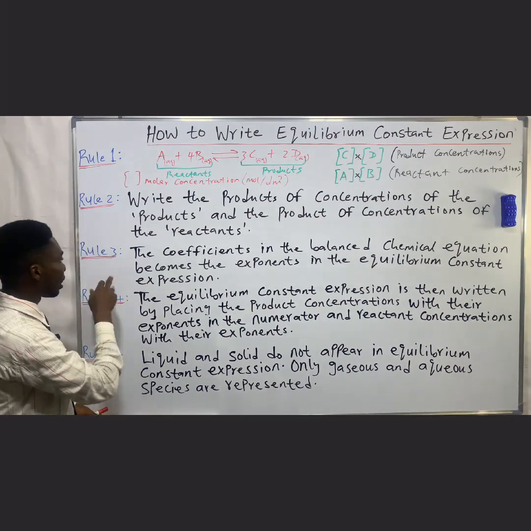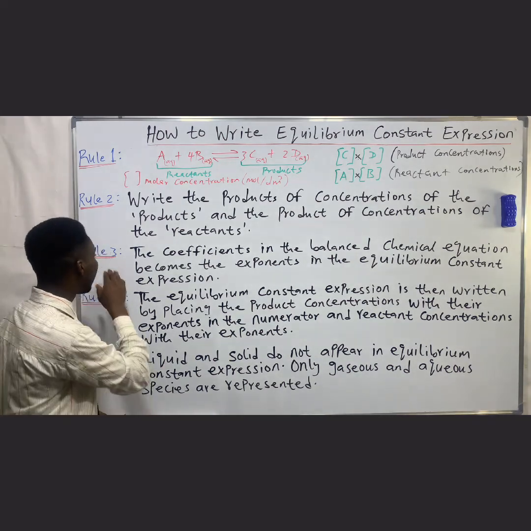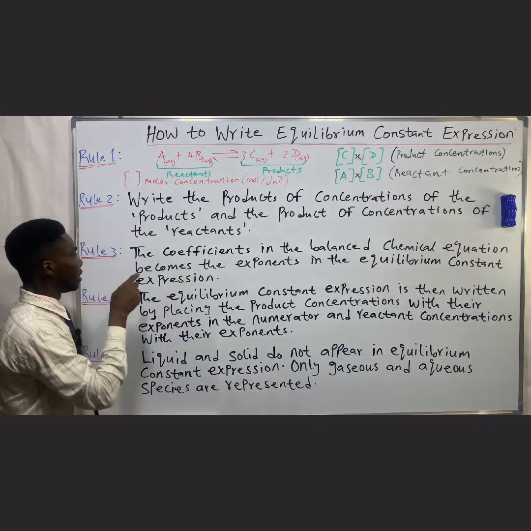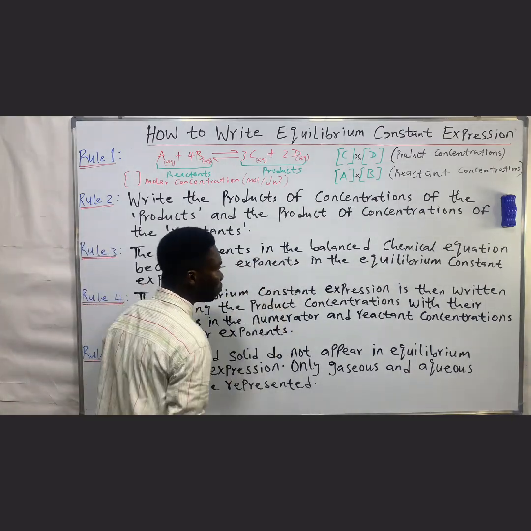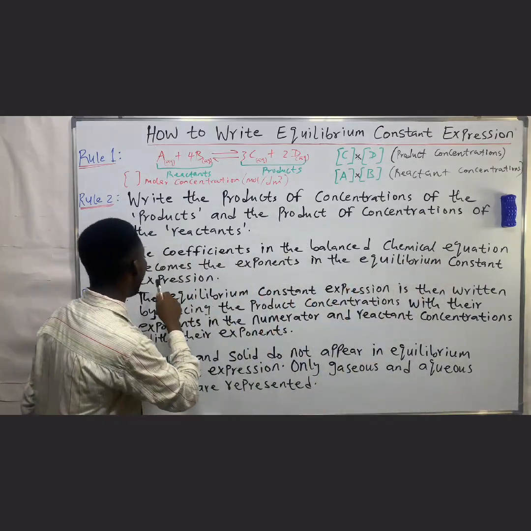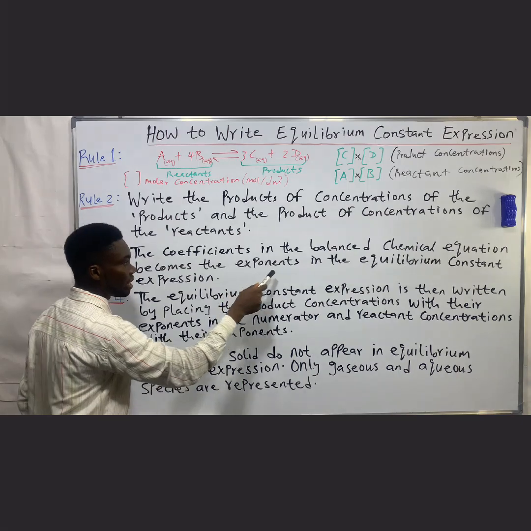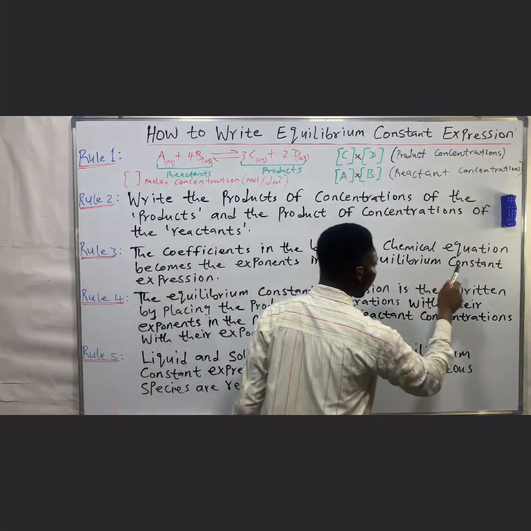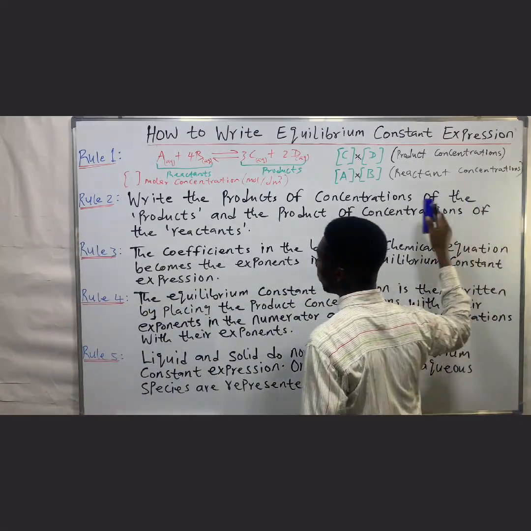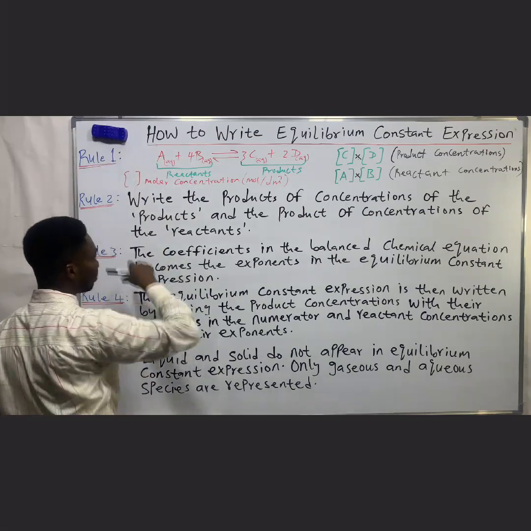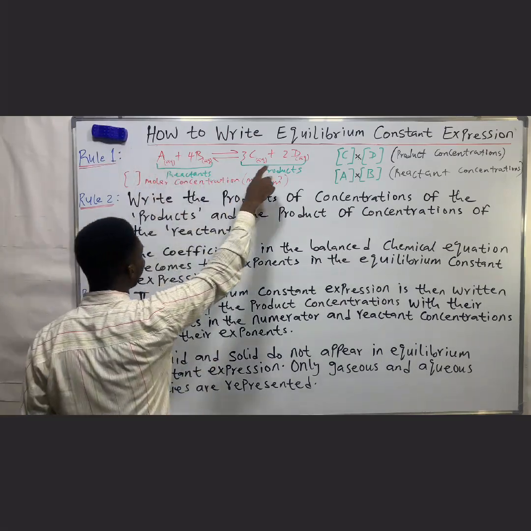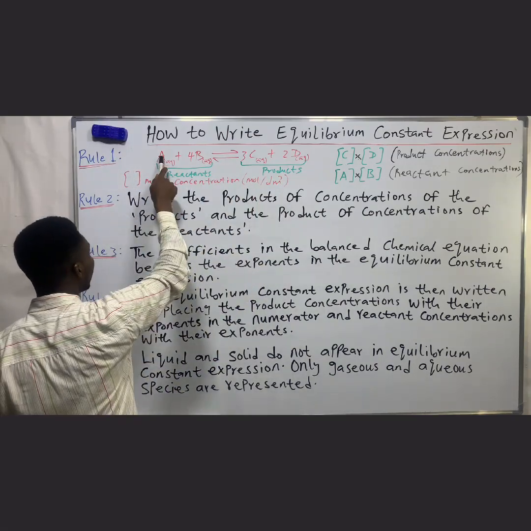So let's now observe rule number 3. What does rule number 3 say? The coefficient in the balanced chemical equation becomes the exponent in the equilibrium constant expression. What does that imply? If you take a look at this equation, the coefficient of A is 1.